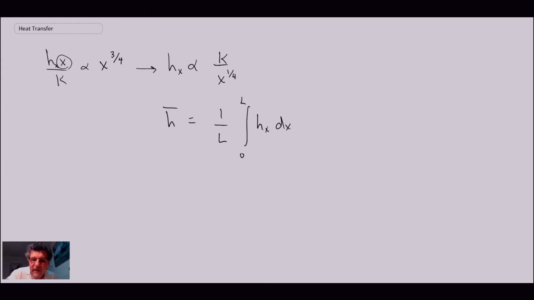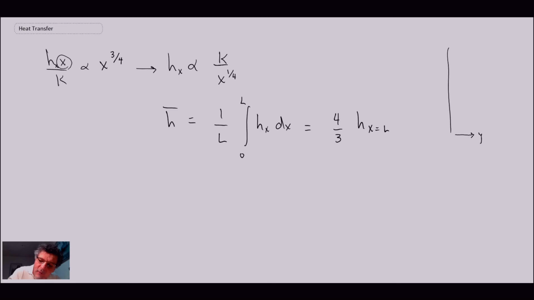With this minus 1/4, when we integrate that, what we end up with is a relationship that looks in the following manner. It would be 4/3 of the value of h at the end of the plate.